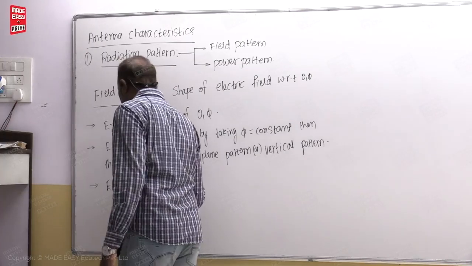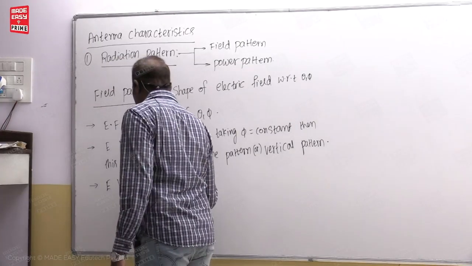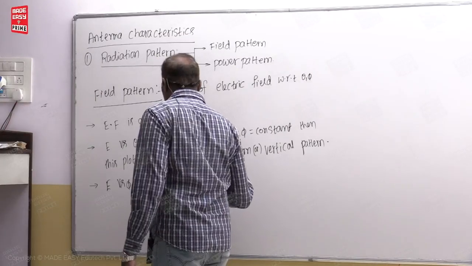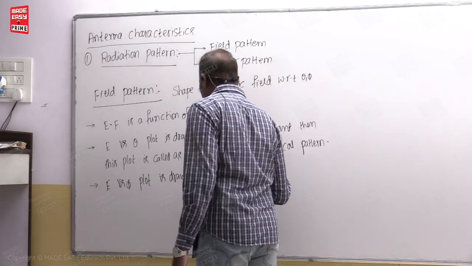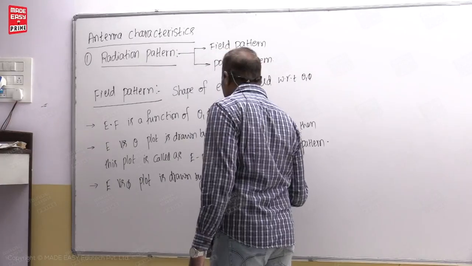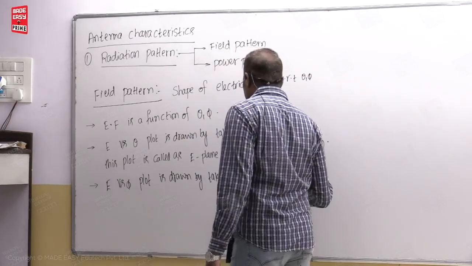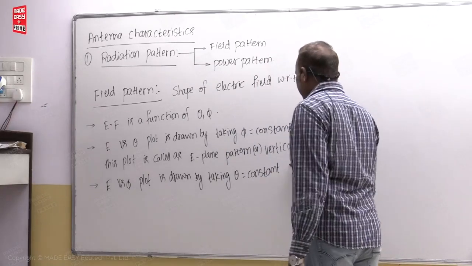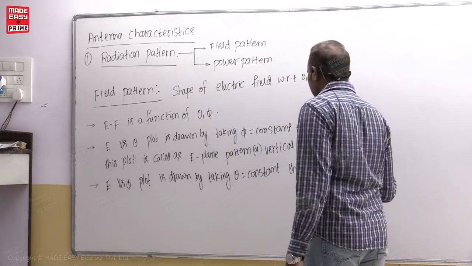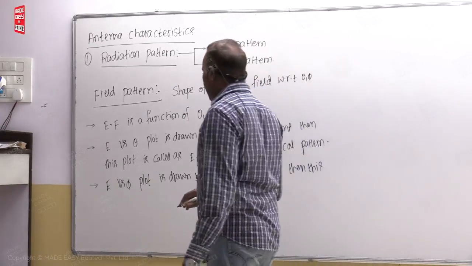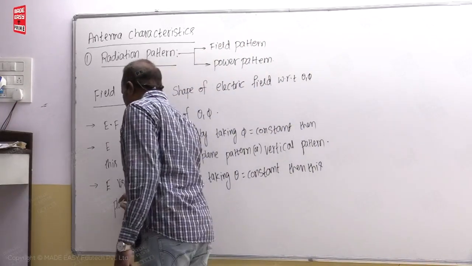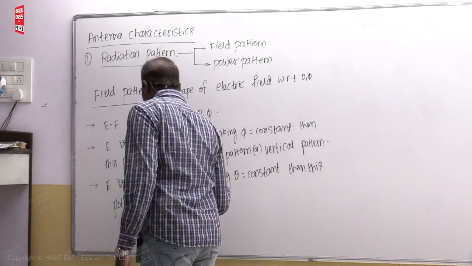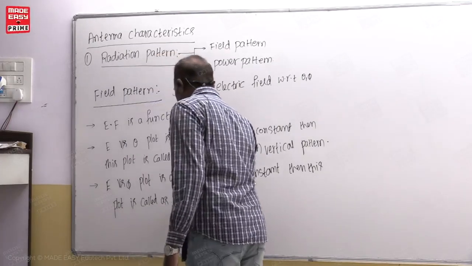Now E versus phi plot is drawn by taking theta constant, at a particular theta you have to do. Then this plot is called as H plane.